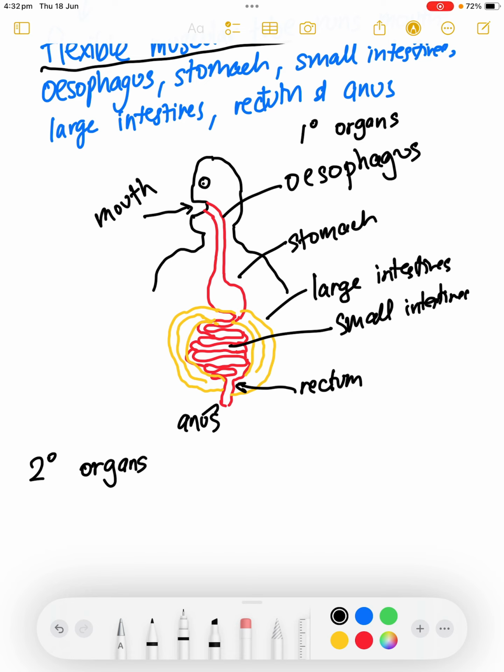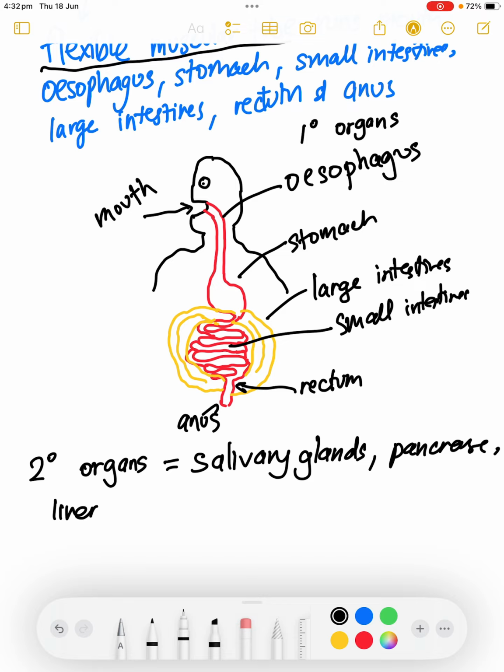They are salivary glands, the pancreas, liver, gallbladder.